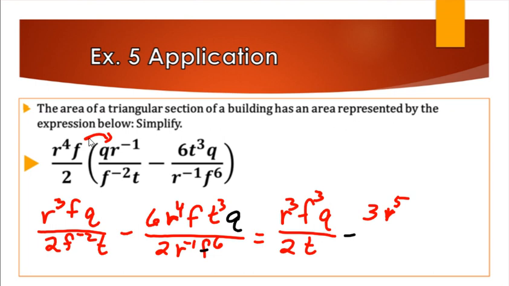F1 divided by f to the sixth would be f to the negative fifth, so that's in the denominator, f to the fifth. And I got t cubed, and I have q. So this would be our answer, and then t, f, and r cannot equal 0.